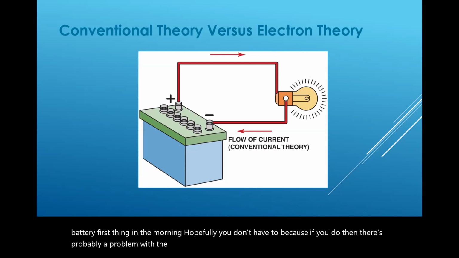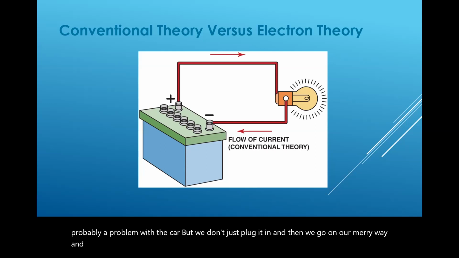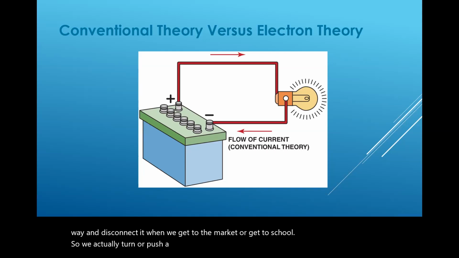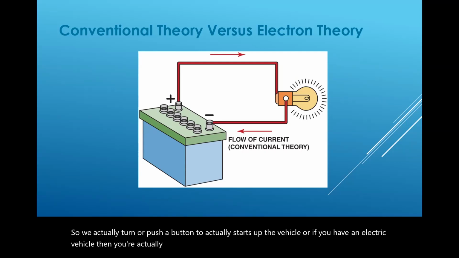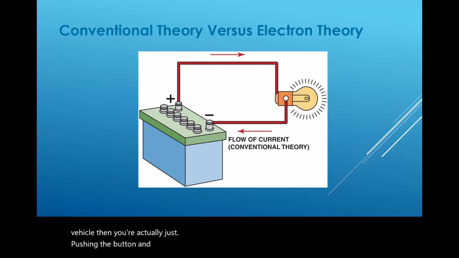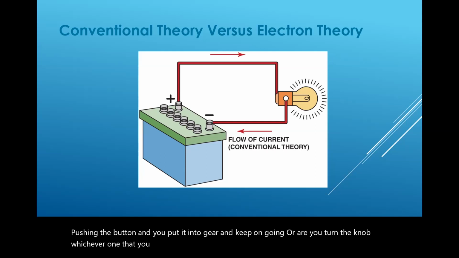We don't just plug it in and go on our merry way and disconnect it when we get to the market or get to school. So we actually turn or push a button that starts up the vehicle. Or if you have an electric vehicle, then you just push the button and put it into gear and keep on going. Or you turn the knob, whichever vehicle you have.